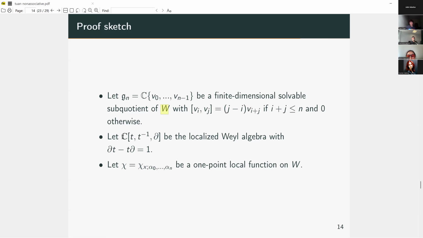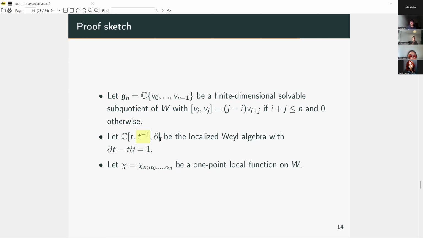Okay, and now another algebra that I need is the Weyl algebra with the relation del t minus t del equals 1, and then I localize it at t, so I add the inverse of t in.